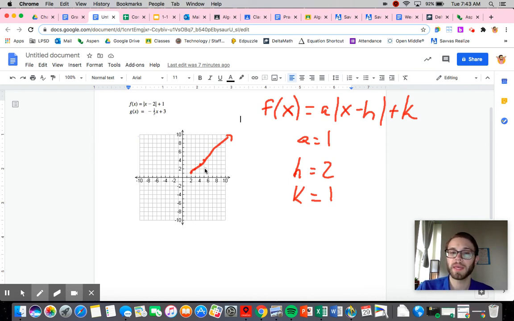And we're doing that because absolute value functions are reflected across the line x equals h, across this line right here where the vertex is. So we would then go up like that.